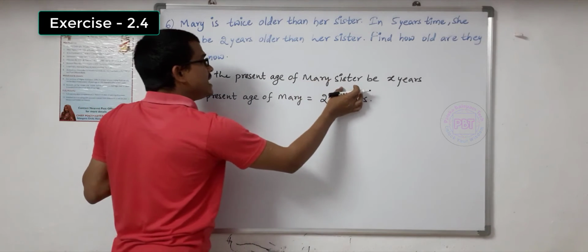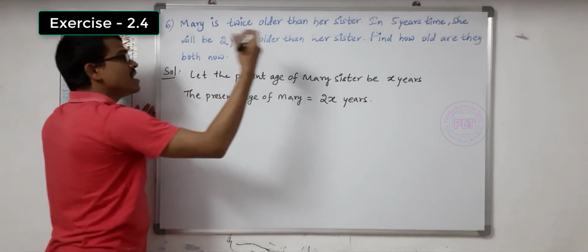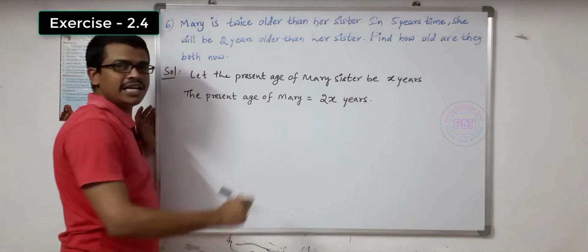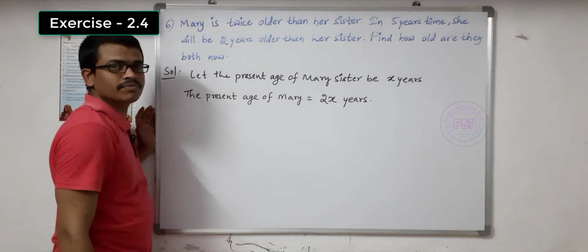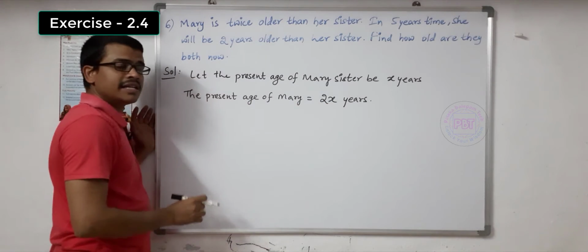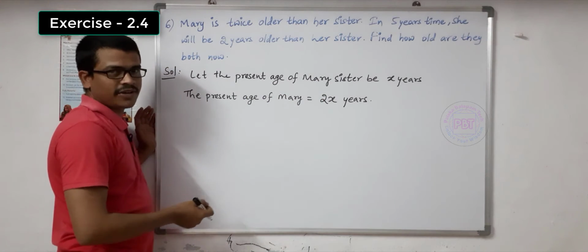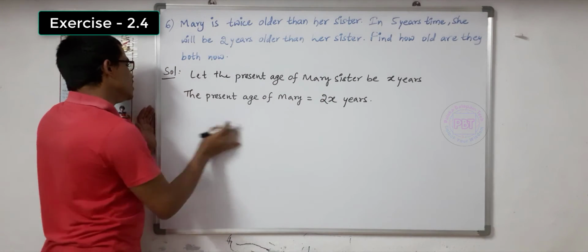So the present age of Mary's sister is x years. Then what is the age of Mary's sister after 5 years? x plus 5, isn't it? So the present age of Mary is 2x. Then after 5 years, what is the age of Mary? 2x plus 5, isn't it? Write that.